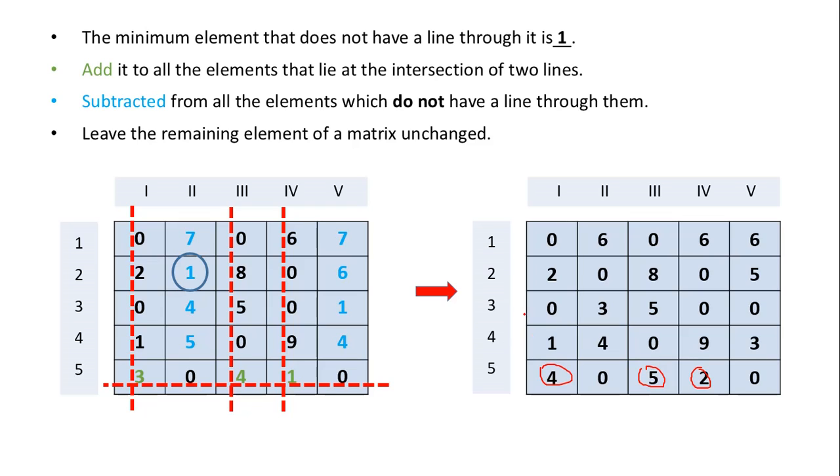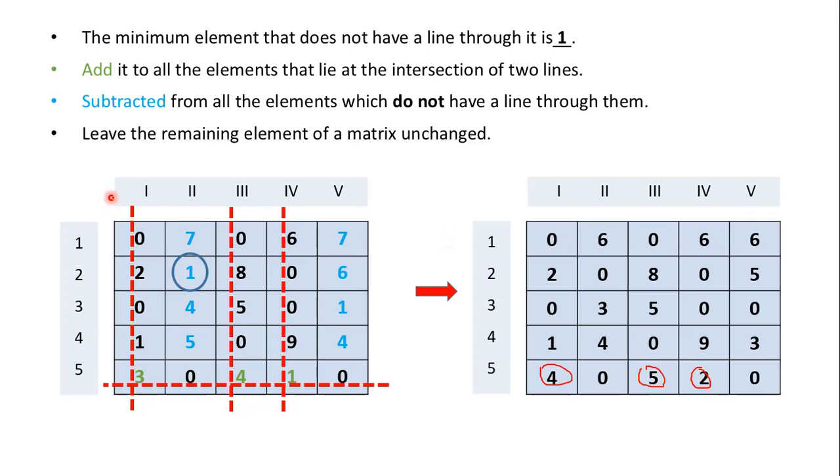Now all the elements which don't pass through a line are subtracted by this value 1. So you can see 7 becomes 6, 1 minus 1 becomes 0, 4 minus 1 becomes 3, 5 minus 1 becomes 4, and so on with the 5th column, right?